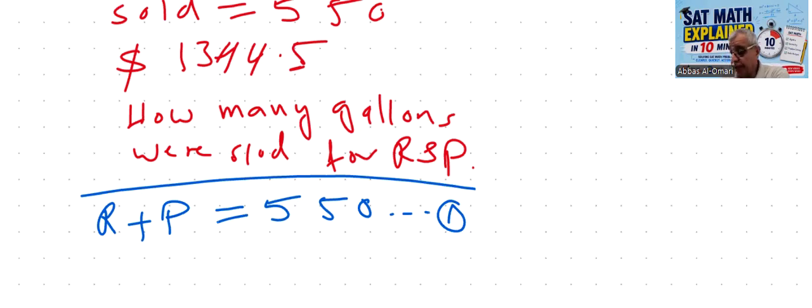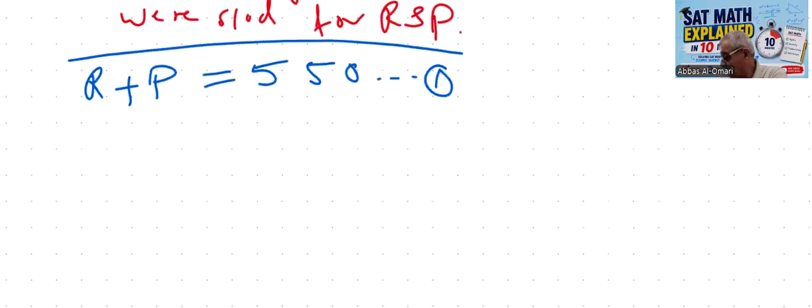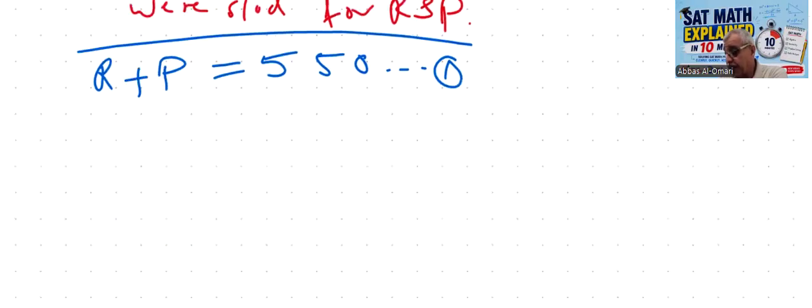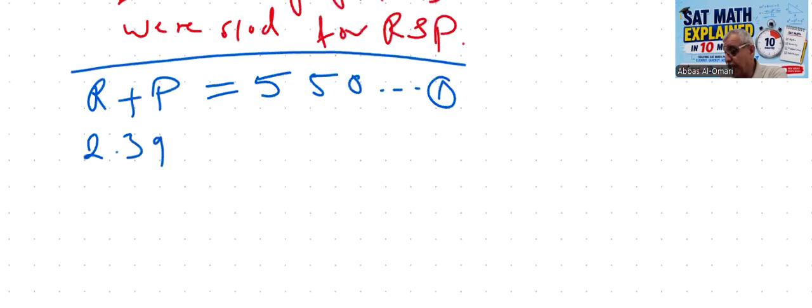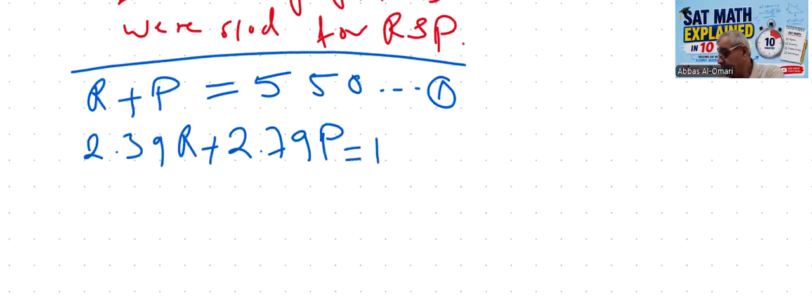This is equation 1. We also know the total sale was 1344.5, so 2.39 R plus 2.79 P equals 1344.5. This is equation 2.